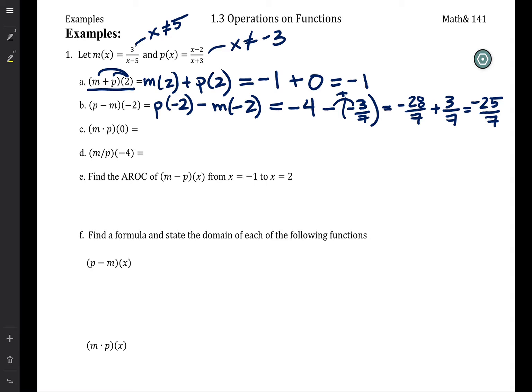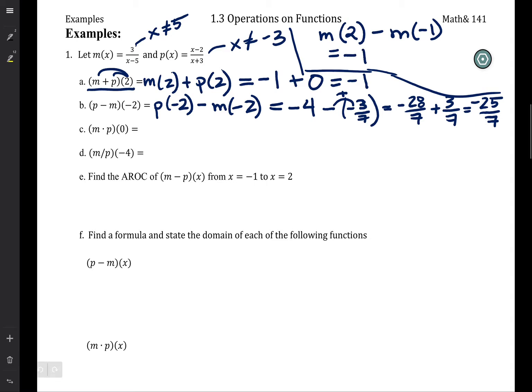So just to point out when this could cause trouble, I could take m of 2 minus m of -1, and that would give me, let me make a little side thing. Okay, m of 2 is, we already did that one, 3 over 2 minus 5, 3 over -3, which is -1. Yep, we did that in the first one.